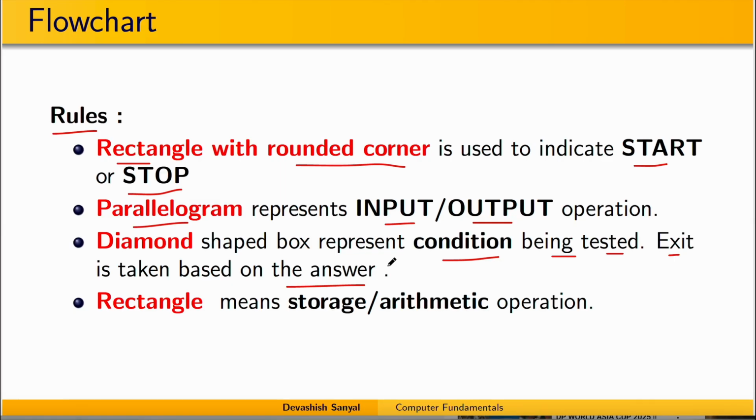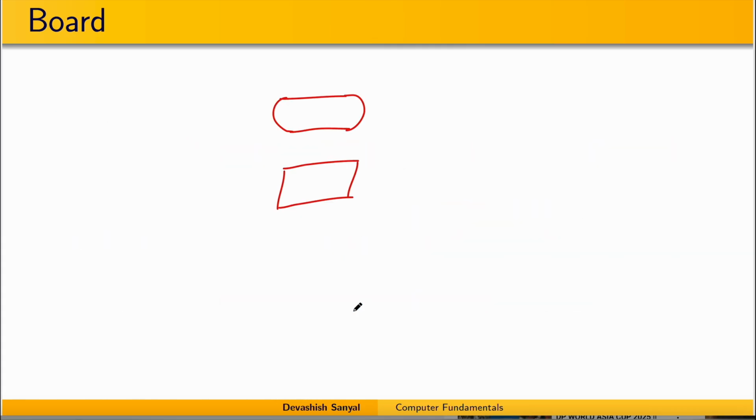We'll see the example. In my file, I have written some exit, some number has to be displayed. That I think is not correct, so you can just ignore that. The diamond shape will be like this. So in a flowchart, it will come out like this.